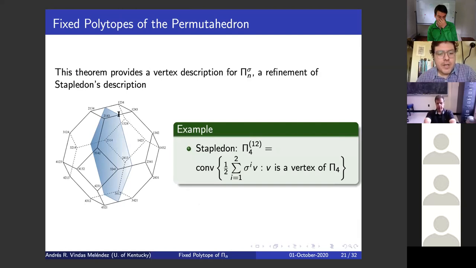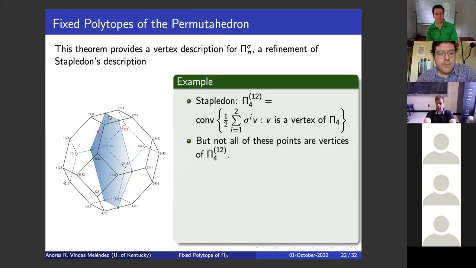Okay, so here we have our friend that I showed you earlier, this fixed polytope of the permutahedron when it's fixed by the transposition (1 2). Here's the description. What are all the points that are fixed? Well, it's actually all the vertices, but not all of them are vertices, right? You get this point also being fixed.